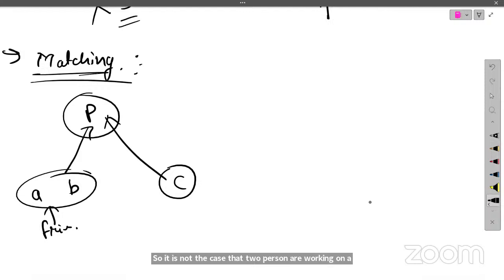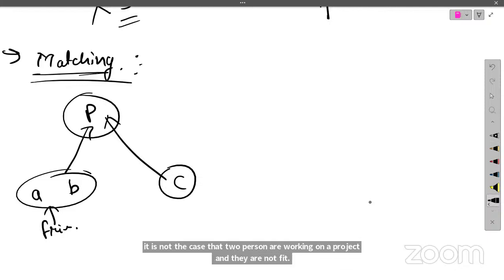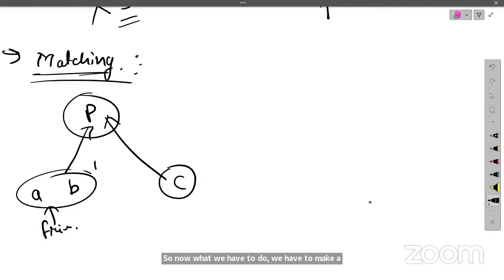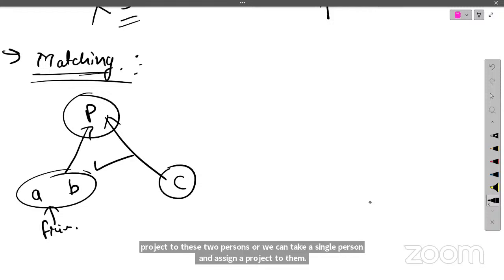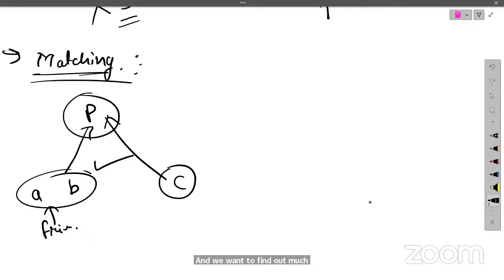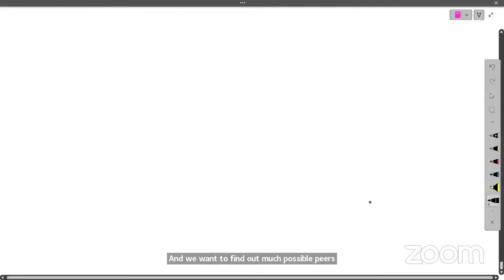So now we have to make a feasible allocation with respect to this condition, that if two persons are friends, then they can work on a project. We can assign one project to these two persons, or we can take a single person and assign a project to them. And we want to find as many possible pairs of such friends as we can. So we'll take our graph.